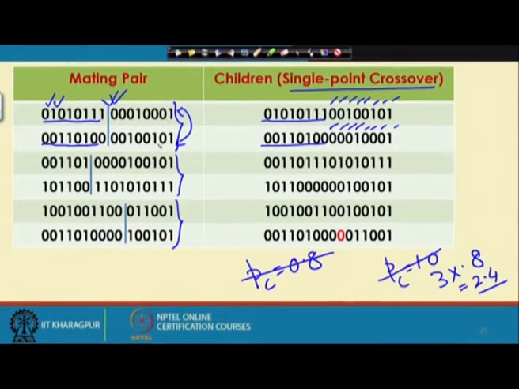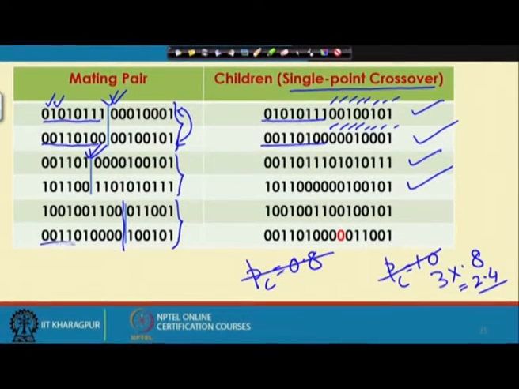So, starting from these 2 parents of the first mating pair, I will be getting 2 children solutions, and following the same principle for the second mating pair. So, this is your crossover site, and using the single point crossover, I will be getting these 2 children solutions, and for the third mating pair, this is the crossover site.